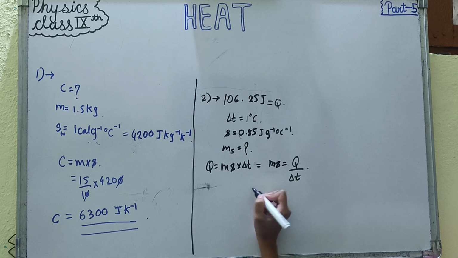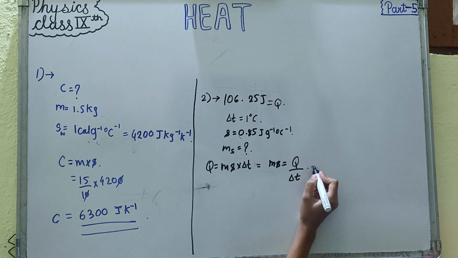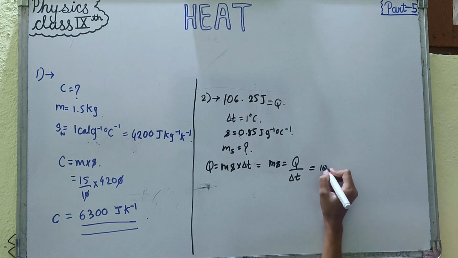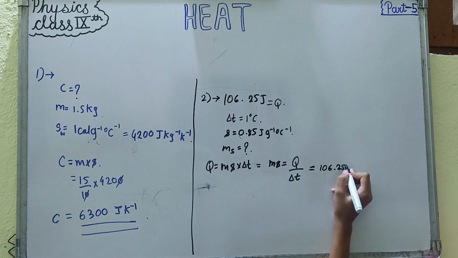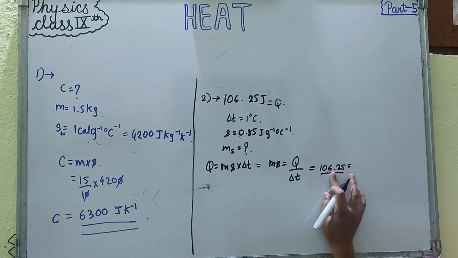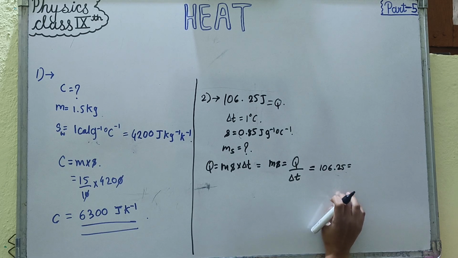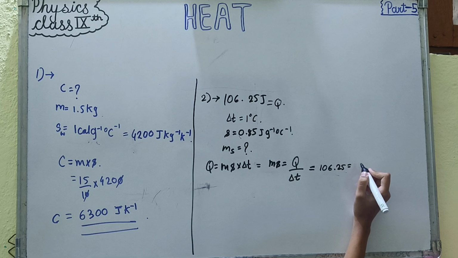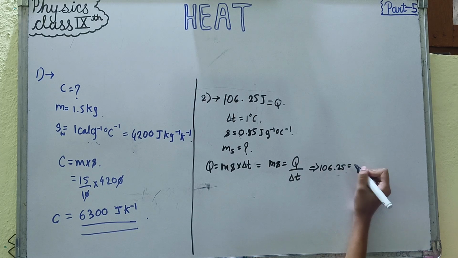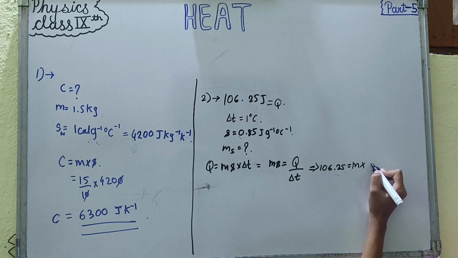Now let us substitute the values. 106.25 is the value of Q, upon 1, so we don't even need to take that one, equal to ms. The value of m we don't know. We know the value of s, that is 0.85.